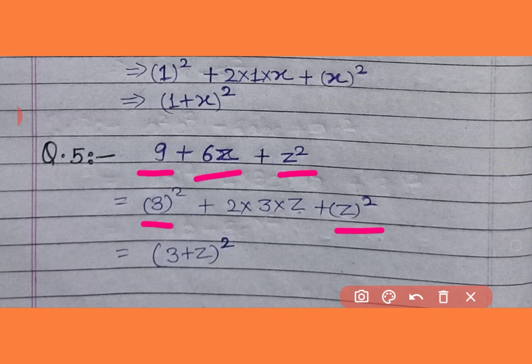So now 6z is 2 multiplied with 3 multiplied with z, where 3 is the value of a and z is the value of b. Now it is in the form of (a plus b) whole square. So we will write (3 plus z) whole square.